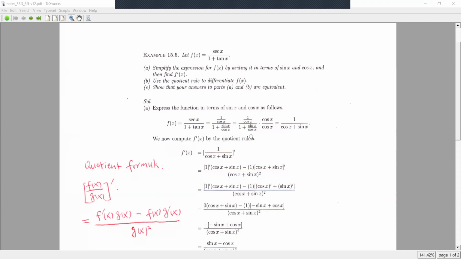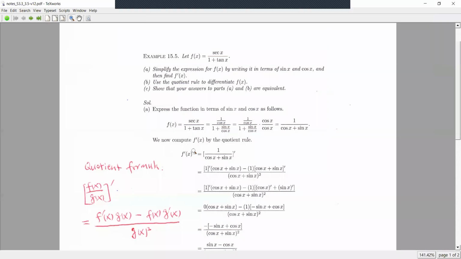Distribute cosine to 1, cosine to sine over cosine. Then the denominator is cosine plus sine. Therefore, the function f is simplified to 1 over cosine plus sine.